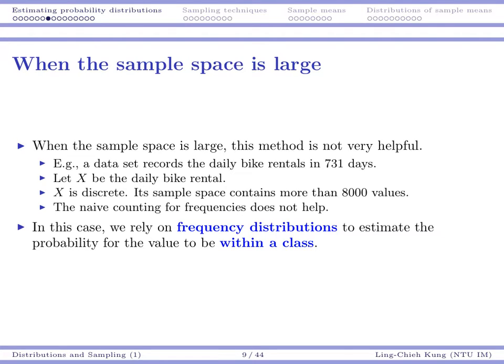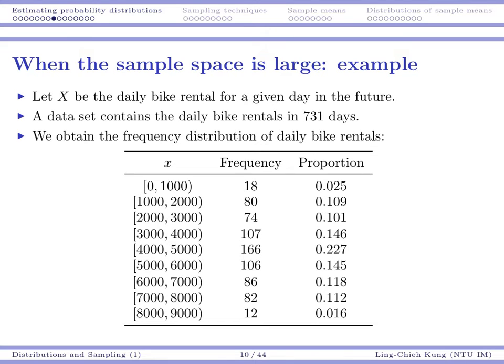And then we're going to do that with classes. So basically, what we want to do is to construct the frequency distribution or frequency table. And that method is just identical to what we need to do for a histogram. Okay, so given X, I have those historical data, the 731 daily bike rentals.